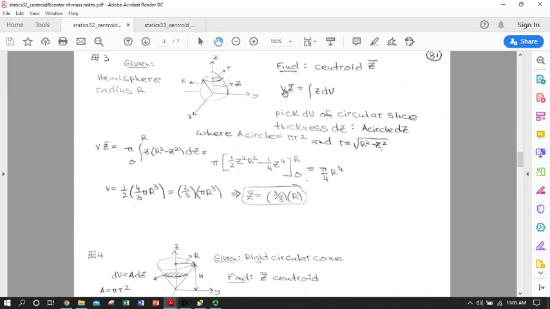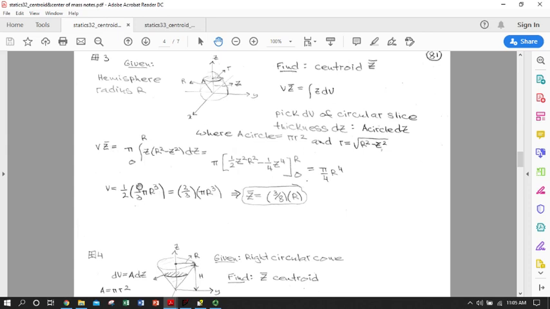So I can get my total volume the cheating way. I could do 4/3 pi r cubed divided by 2, which I've done here in advance, or I could basically integrate dv over r from 0 to r, and so I could get it that way.